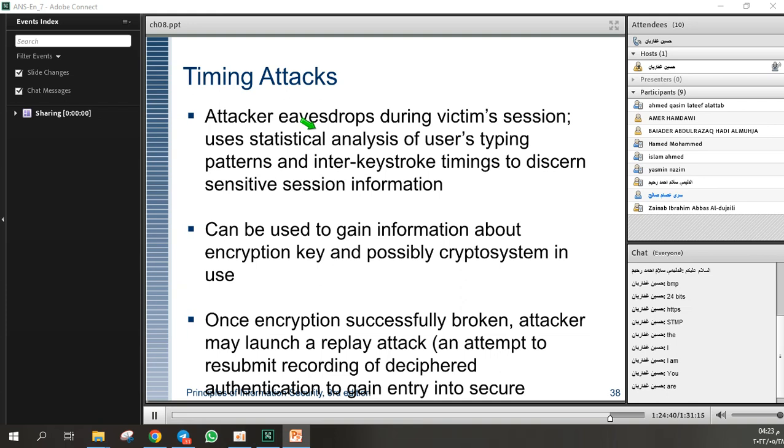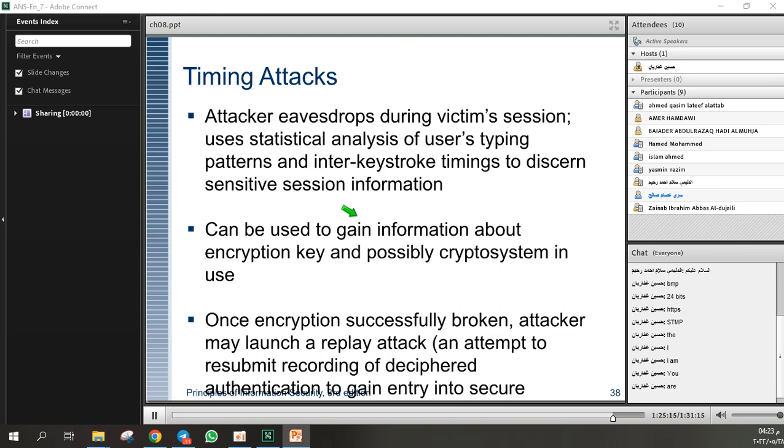During this session, it tries to capture the data and statistically analyze it to find special patterns, to find the time that sensitive information is passed over that session, especially at the start of a session.